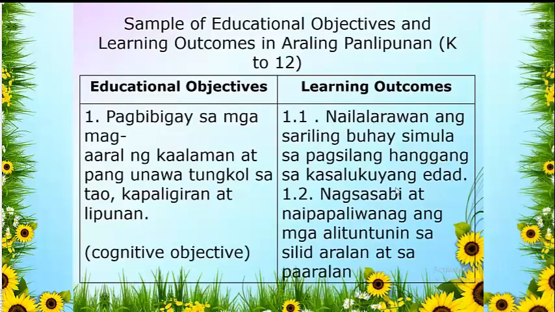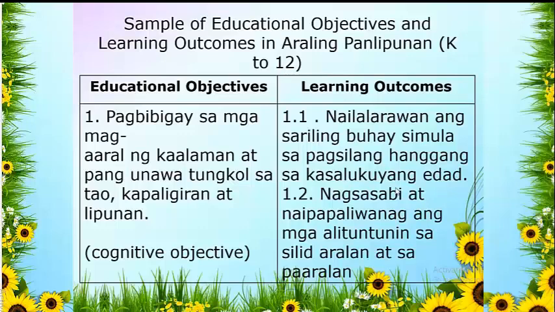So this is a sample of educational objectives and learning outcomes in Araling Panlipunan K-12. So for the educational objective, we have, first, pagbibigay sa mga mag-aaral ng kaalaman at pag-unawa tungkol sa tao, kapaligiran at lipunan. So this is a cognitive objective. While the learning outcome here, this is just an example, no?